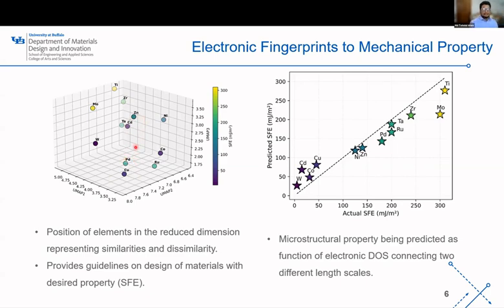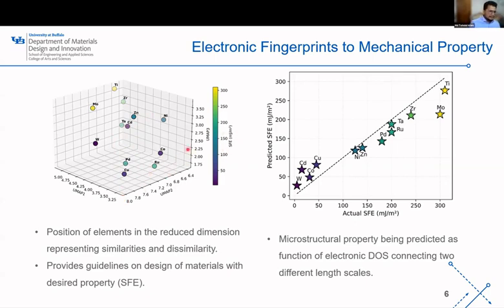So we can say their electronic structures are very different, and this can help us in designing materials and alloys. For example, if we want to add zinc into copper and create traditional alloys, for example, brass, with certain stacking fault energy.